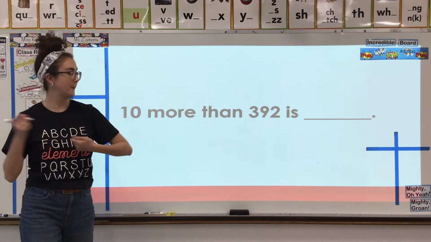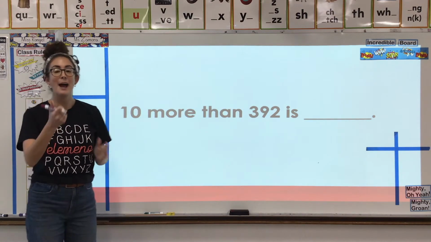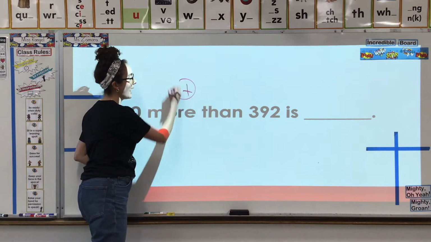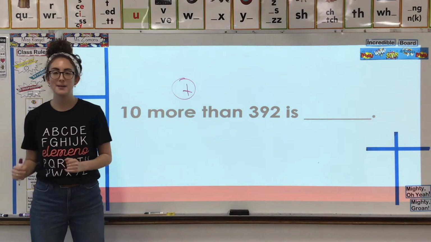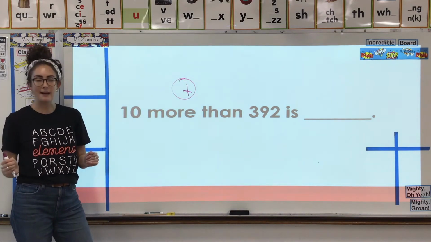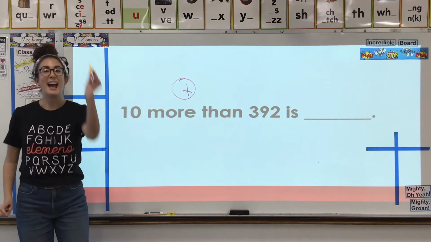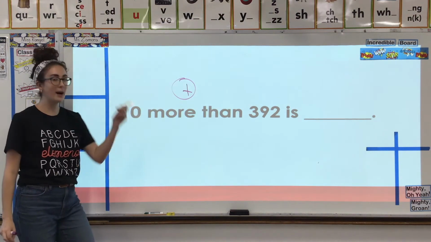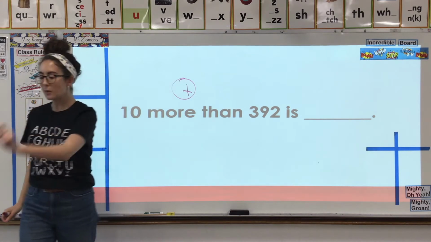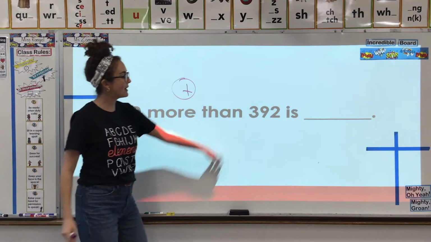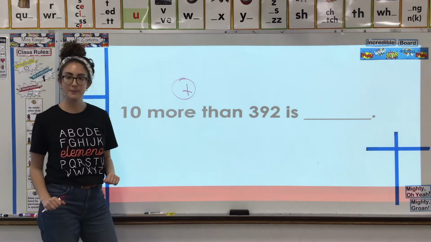What do we want to do? More than. We want to add value. Add. And how much are we going to add? It's telling us to add what? A 10. 10 more, a 10. So we're going to add a 10 to our number 392.